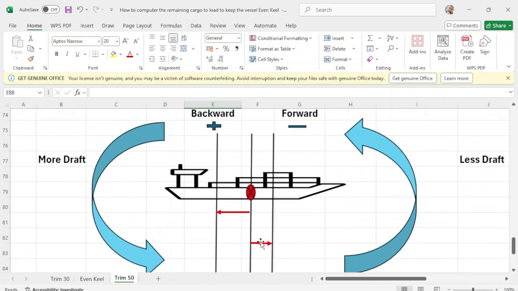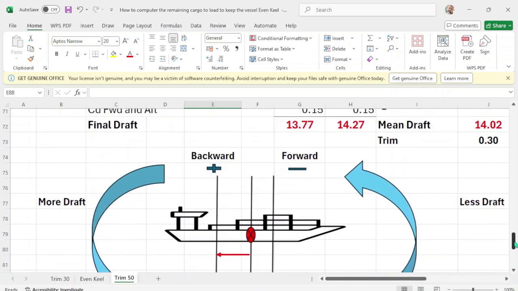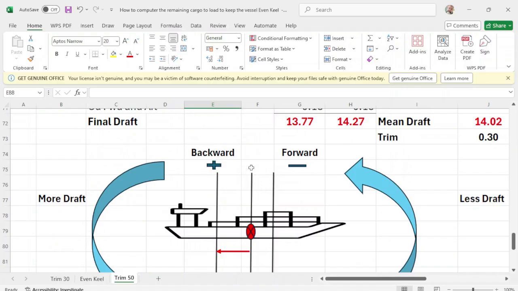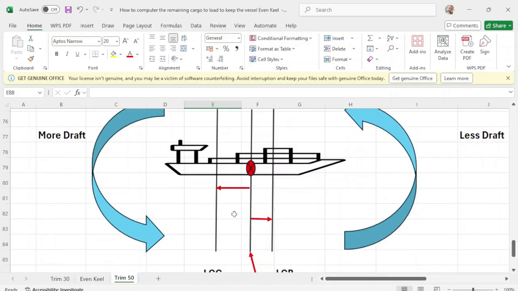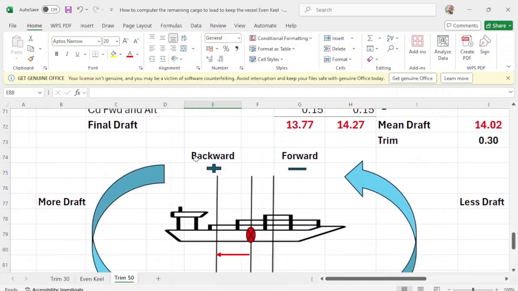And take note of the sign of the LCG and LCB. This is positive sign, meaning positive from amidship going forward. So measure from amidship going forward, that will be your LCB of negative 6.23. And since your LCG is positive 10.38, on the up part, from amidship going backward is positive.